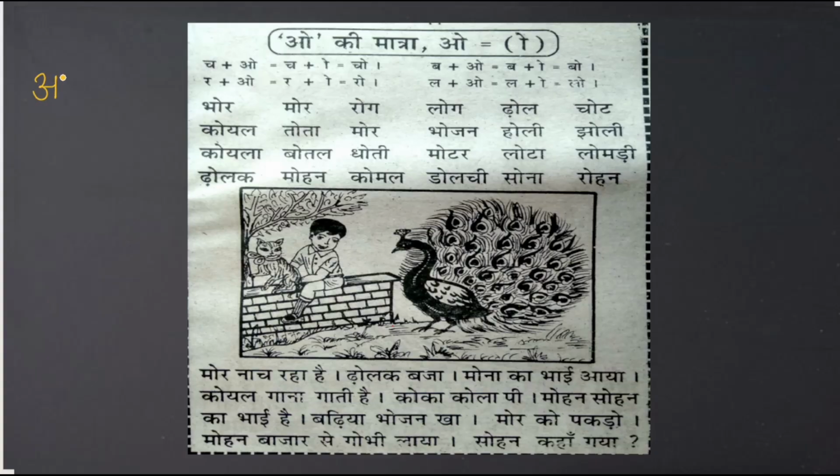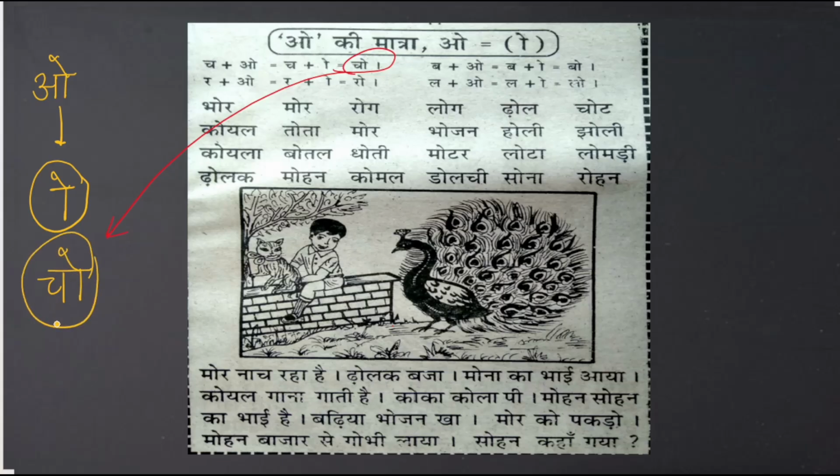This letter O creates this symbol, and this symbol is known as the matra of O. So let's see how we apply this matra to letters. Let's take this one. This is letter Ch, and after applying the matra of O, now it became cho.